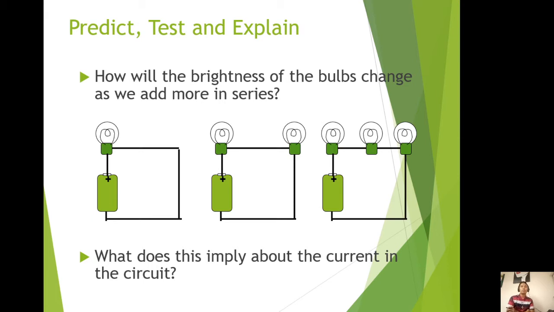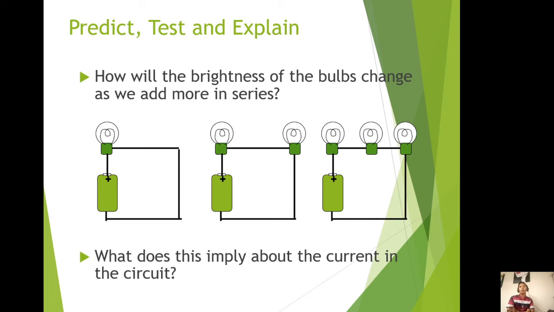And the second one is, what does this imply about the current in the circuit? If you add more and more bulbs connected in series of the same wattage, the same characteristics, the brightness will be equally distributed, since they consume the same amount of current.